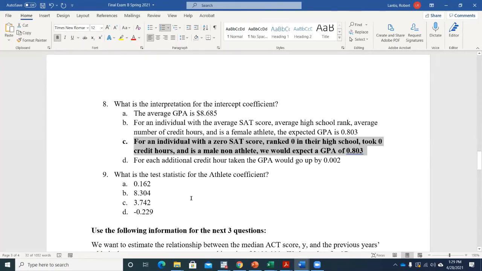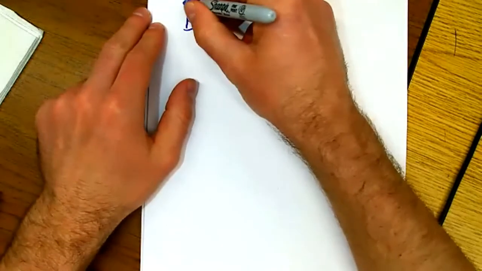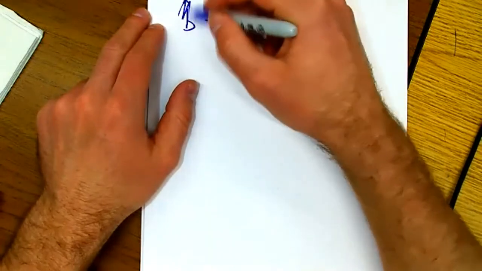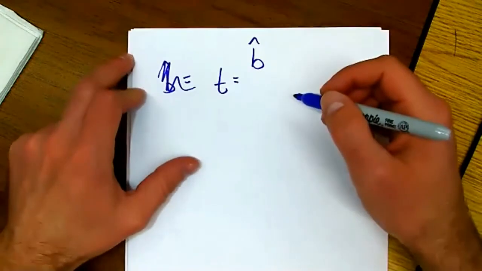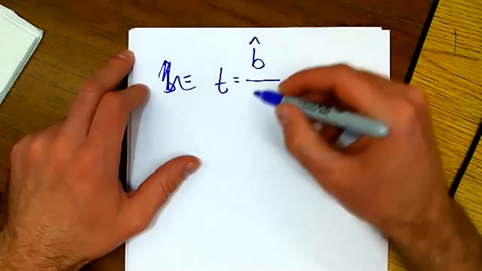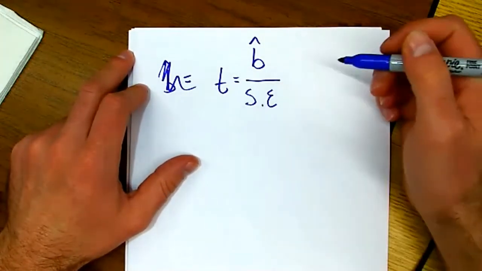Now, here's a question where we see this on the exam. I'm hoping that, kind of like when I asked to calculate the mean in the first exam, everybody should get these correct. If I ask you to find a test statistic for a slope coefficient, in this case on the athlete variable, all you're going to do is take that coefficient estimate and divide it by your standard error.